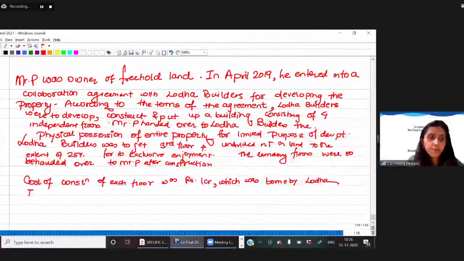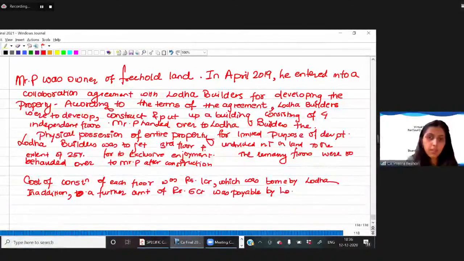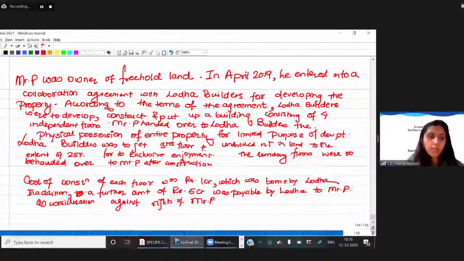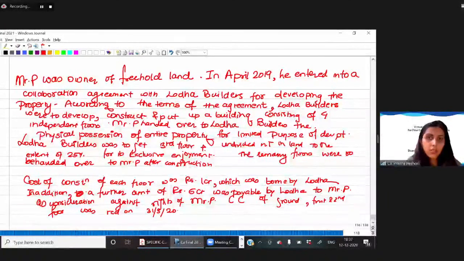In addition, a further amount of rupees 5 crore was payable by Lodha to Mr. P as consideration against rights of Mr. P. Completion certificate of ground, first and second floor was received on 31st March 21.